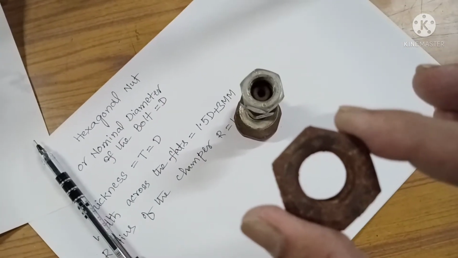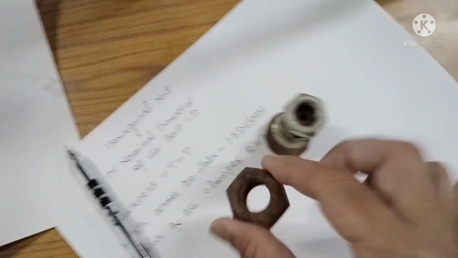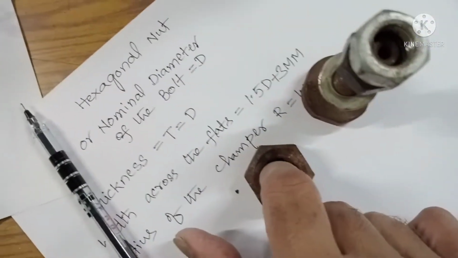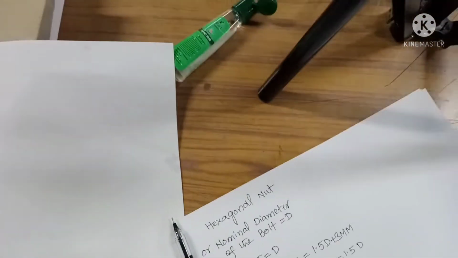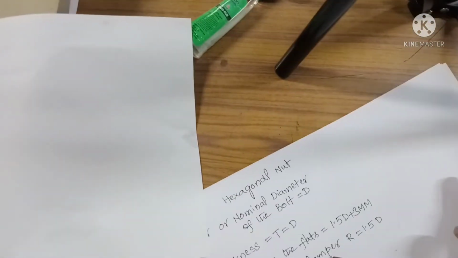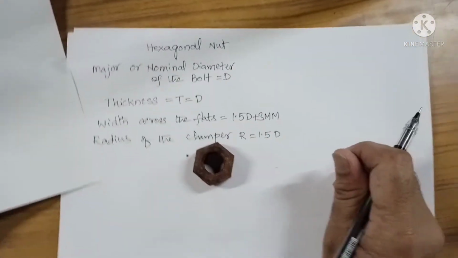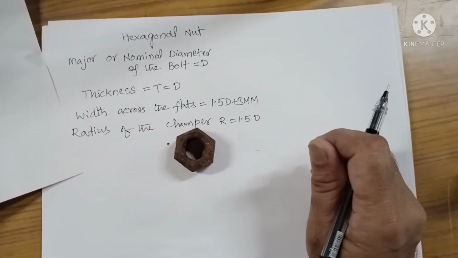So I am taking an example of bolt dia. The bolt dia I am taking is 30, and I would like to draw this hexagonal nut. Later we will see about the square nut.